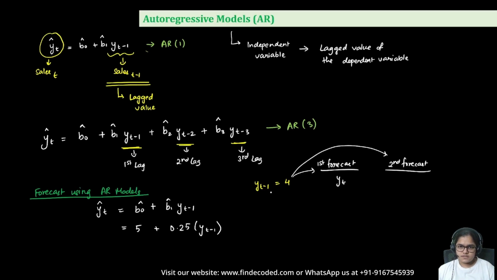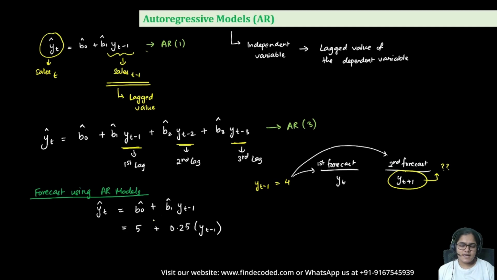If I have current year's sales and I want to predict next year's sales, that is the first forecast. If I want to predict the sales 2 years from now, that is the second forecast that I am talking about. Here I am talking about yt plus 1. Now what you'll have to do over here is, let us say I am interested in finding out what is yt plus 1. This is what I want to know.